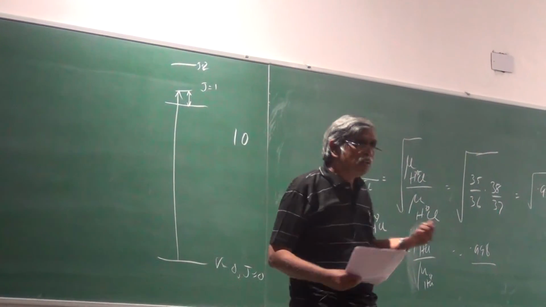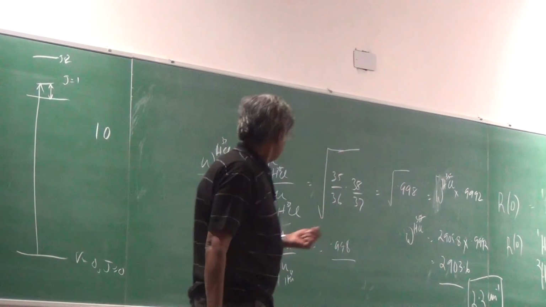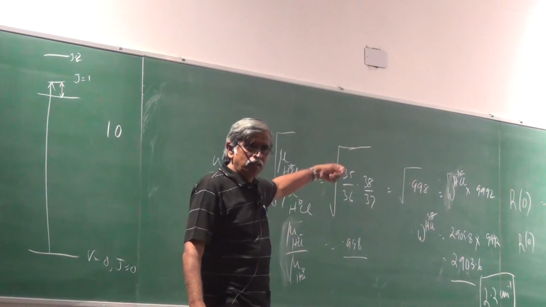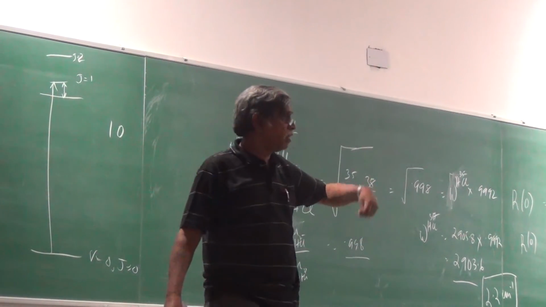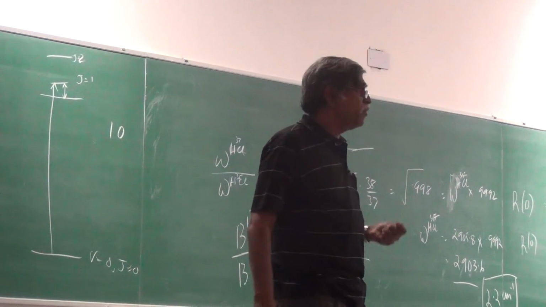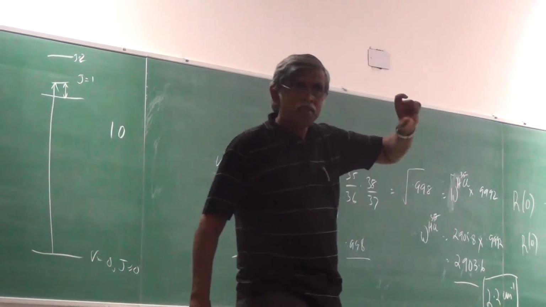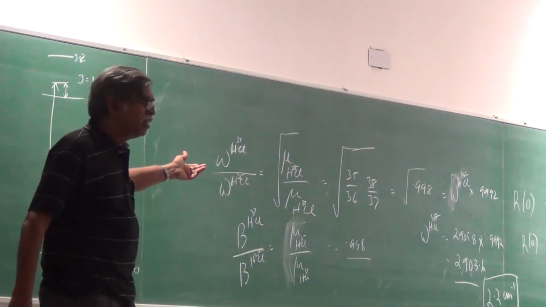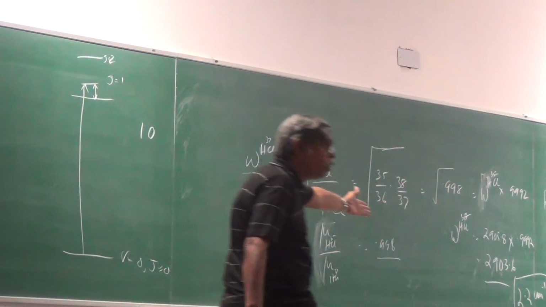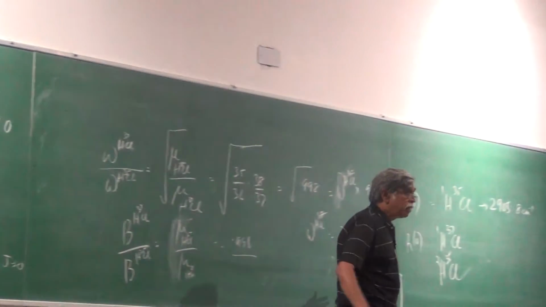In the other case, it's 9.98. That means if the lighter isotope is 10, for the heavier isotope it's going to be 9.98. So what is the difference between the two isotopes? Like 0.02 wave numbers or thereabout, which is much smaller than what you see for the vibrational problem.